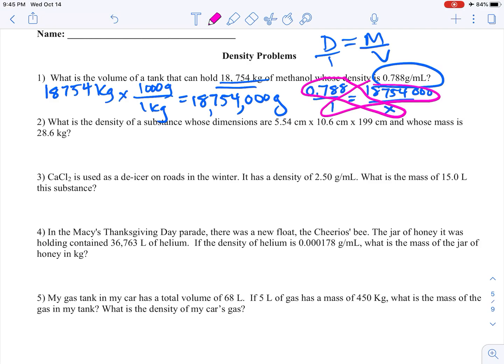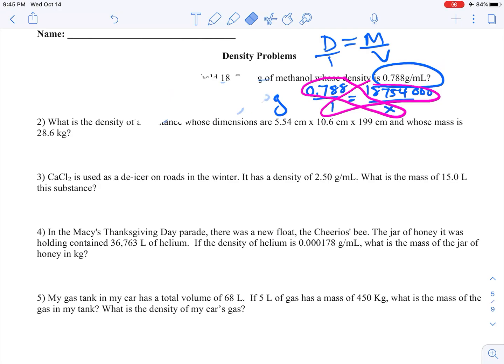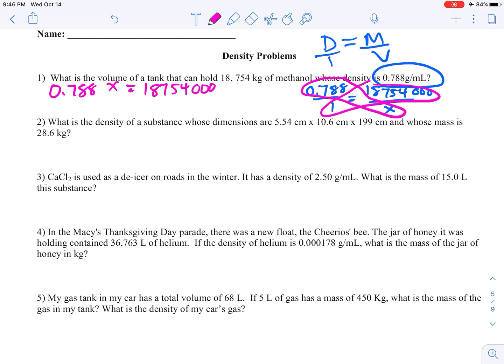So 0.788 times x equals 18,754,000. So divide both sides by 0.788. Let me plug it into my calculator. 18,754,000 divided by 0.788. So I get 237,941.62.